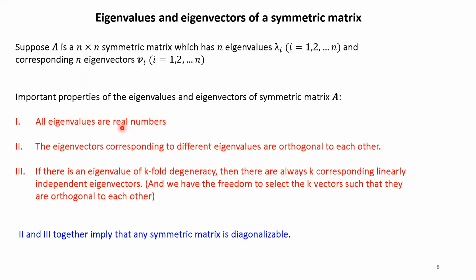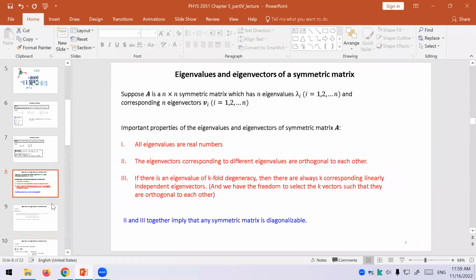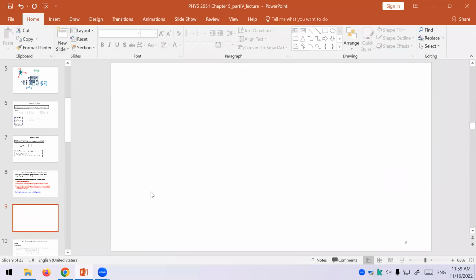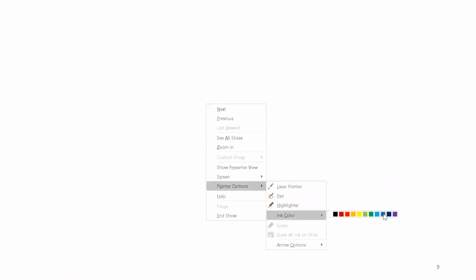Although I didn't really talk much about the case when eigenvalues are not real, I did give you an example before. If you still remember the example I gave, it was the rotation matrix, if you go back to the last part of the chapter.